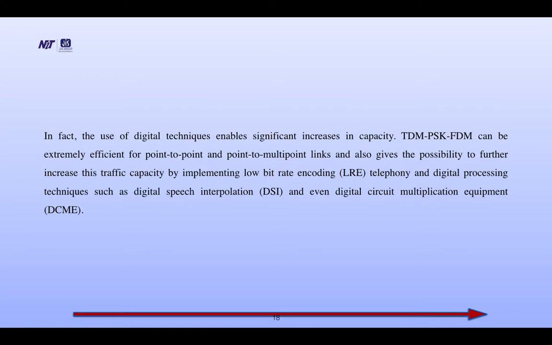In fact, the use of digital techniques enables a significant increase in capacity. TDM-PSK FDMA can be extremely efficient for point-to-point and point-to-multipoint links, and also gives the possibility to further increase this traffic capacity by implementing low bitrate encoding LRE, telephony and digital processing techniques such as digital speech interpolation DSI and even digital circuit multiplication equipment DCME.